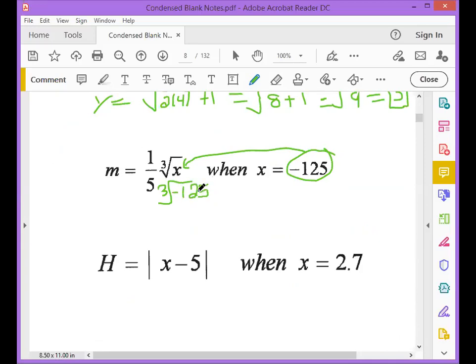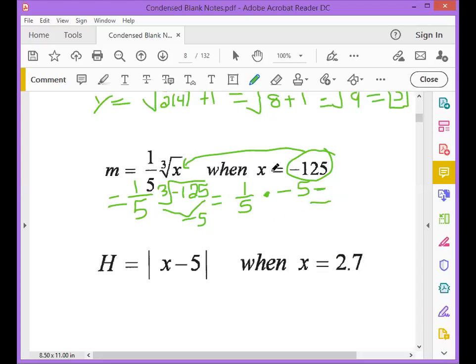And you can just plug that into your calculators, and then we're going to multiply that number we get times 1/5. The cubed root of negative 125 should give us negative 5. And now in front of our cubed root, we have 1/5. So that's 1/5 times the cubed root of negative 125, which gave us negative 5.